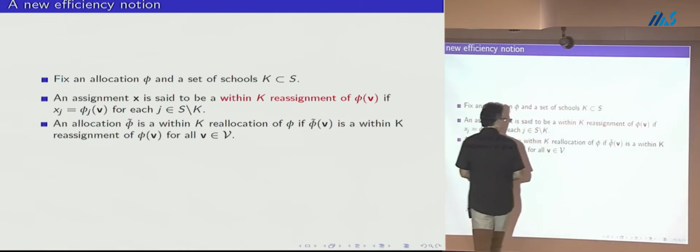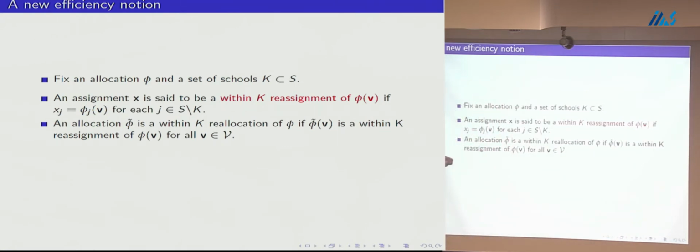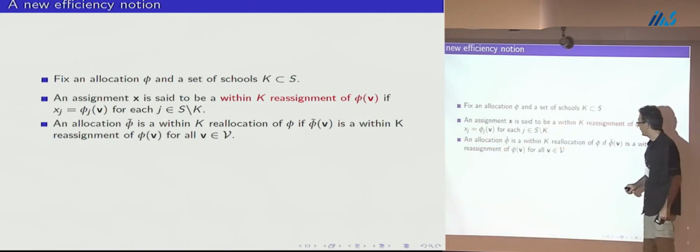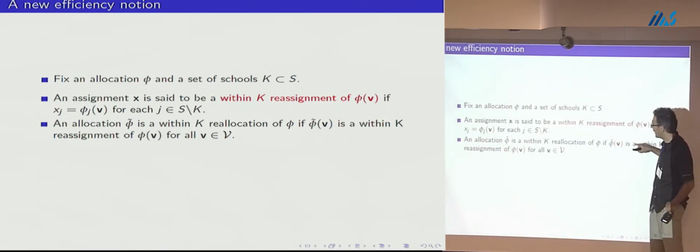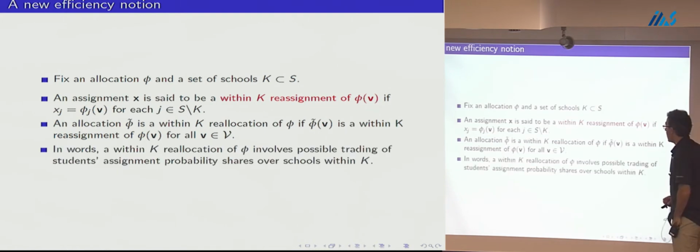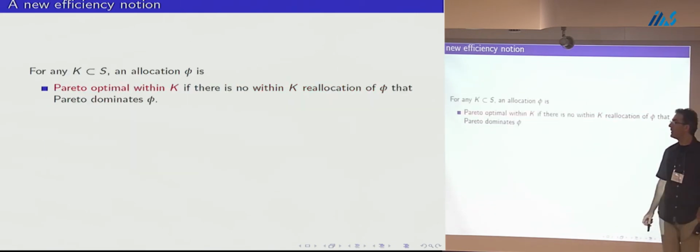I'm going to try to reallocate the probability of assignment to schools within K among all students. And I'm going to call phi tilde a within K reallocation of phi if every student's assignment is a within K reassignment. So in words, a within K reallocation of phi actually involves possible trading of students' assignment probabilities over schools within K.